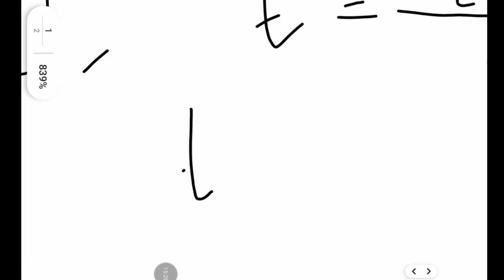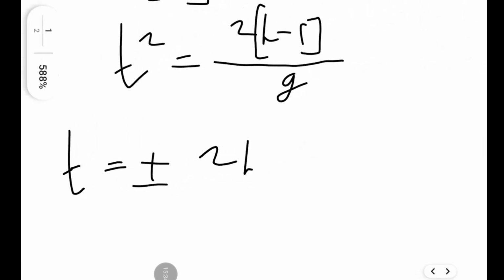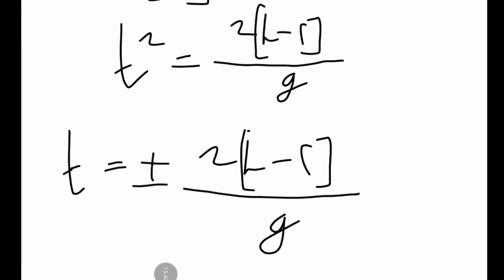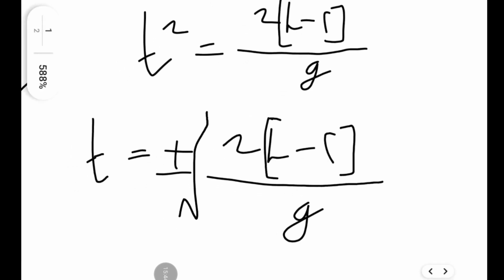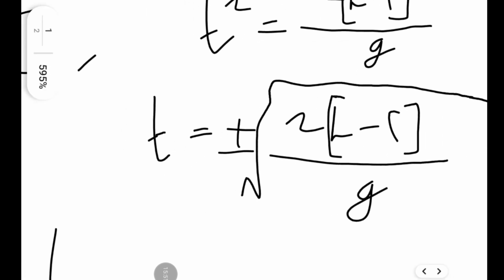Finally, taking the square root, t equals plus or minus the square root of 2 times h minus r over g. So you have it in that format there of h minus r.